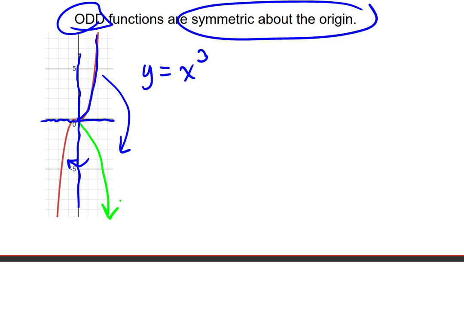And then if we were to fold it over the y-axis following that, this green curve would be folded over and look something like what we're seeing as part of our actual graph. So origin symmetry really means two folds. It's a vertical and a horizontal fold happening at the same time.